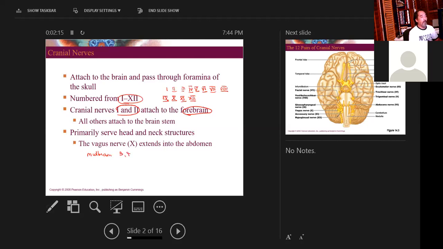That's the midbrain. What does the pons have? The pons has cranial nerves 5, 6, and 7. What does the medulla have? The medulla has cranial nerves 8, 9, 10, 11, and 12.